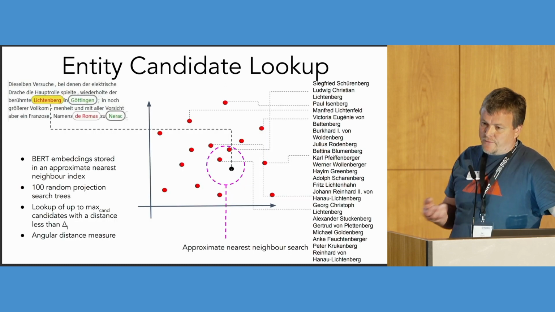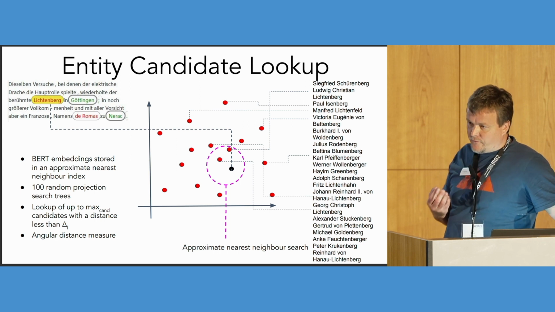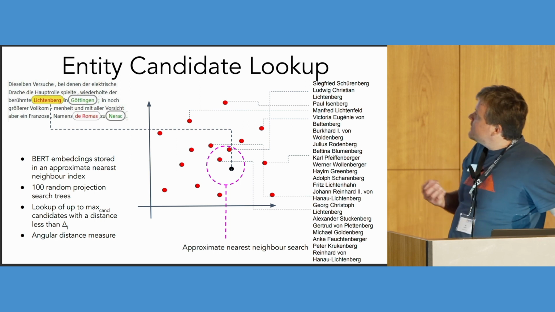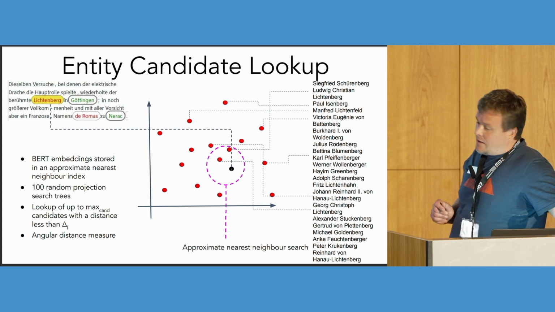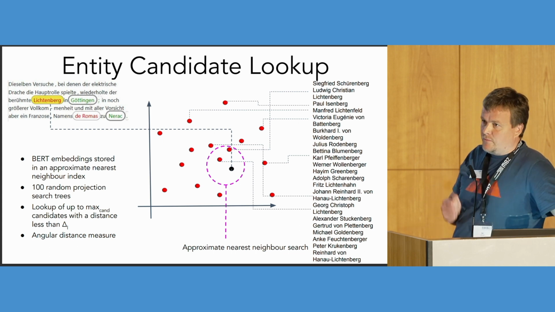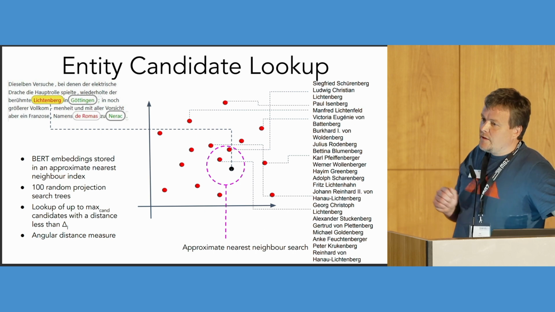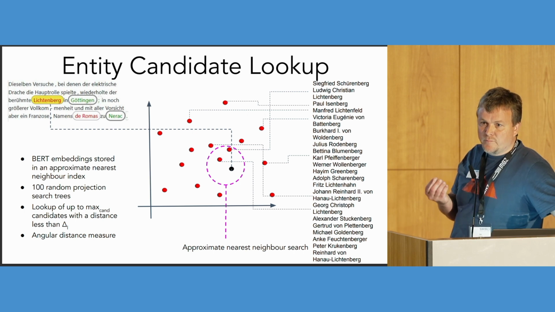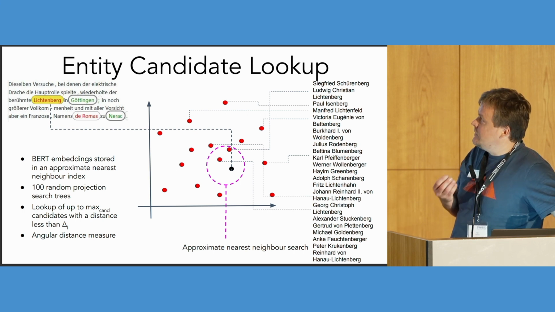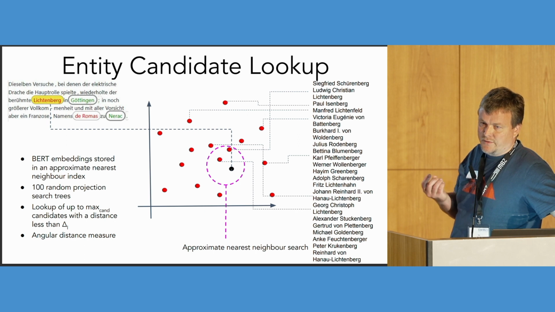And basically, when we have our list of entities that are in the knowledge base, the first of 3 steps in entity linking in our case is to find a small number of candidates that are possible, that are likely to be the one that is mentioned.